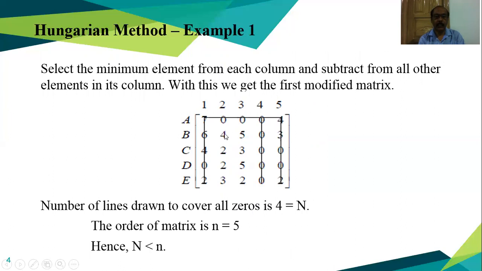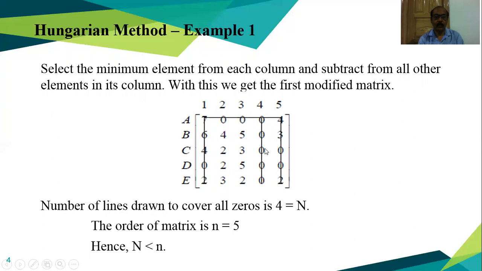Now the question is when degeneracy occurs in the assignment problem: when the number of lines drawn to cover all the zeros is less than the order of the cost matrix. Here 4 is less than the order of the cost matrix.